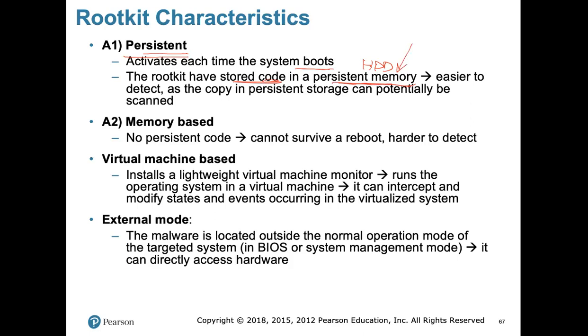Then you run the scanner program or antivirus program or rootkit program, and it shouldn't be difficult to detect, because there should be some code regarding this rootkit in the persistent memory, in the non-volatile memory in your hard disk, and of course you can find it and treat that.